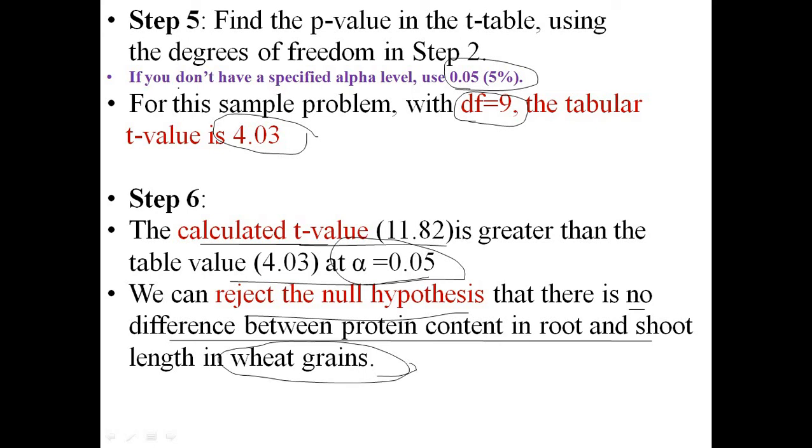Again remember, if there is no specific alpha level, choose the 0.05 significance level and put any type of hypothesis, null hypothesis or the alternate hypothesis. Depending upon which hypothesis you are using, your results may vary.